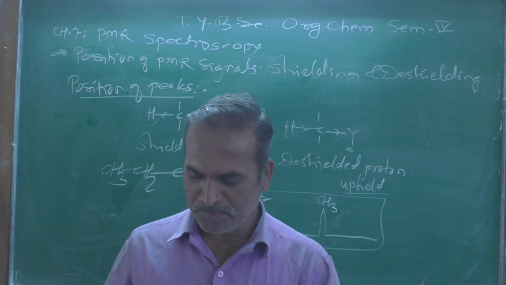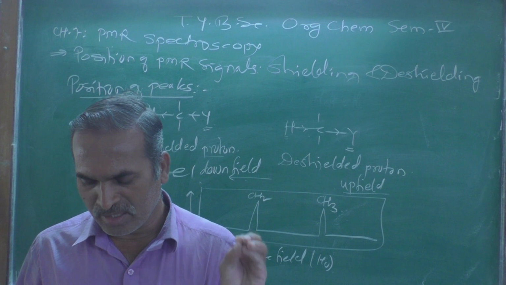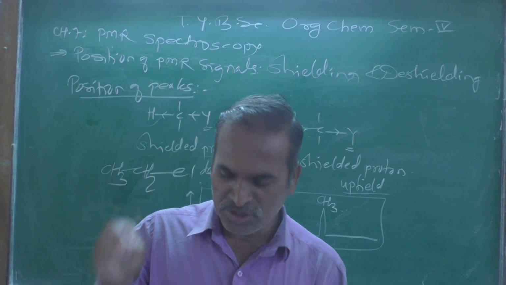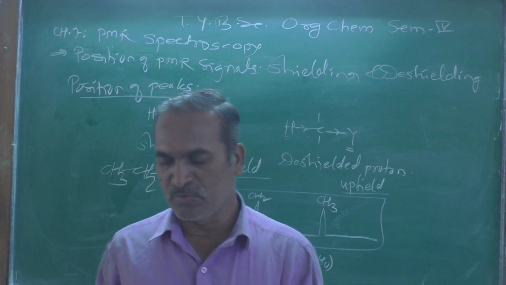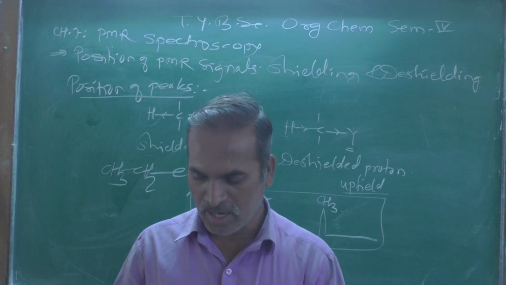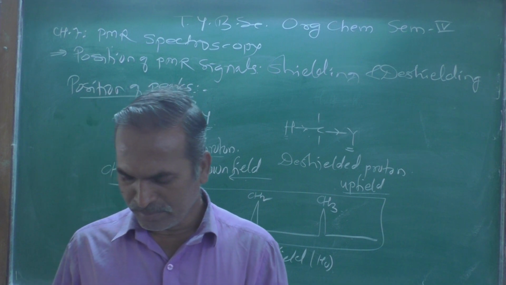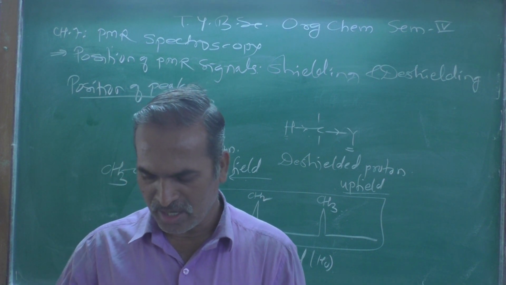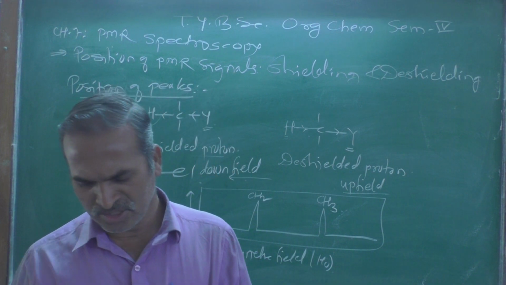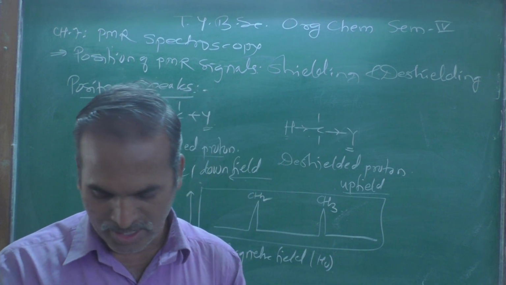The position of the peak in PMR will therefore depend on the chemical environment of the proton. Shielded protons have an upfield peak and de-shielded protons have a downfield peak. That is the discussion which we have had over here.